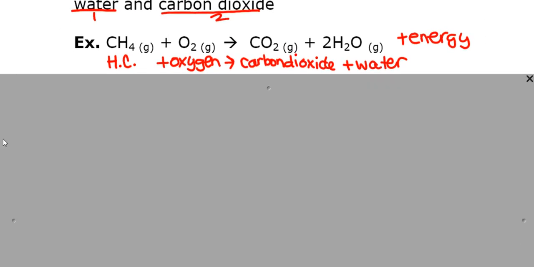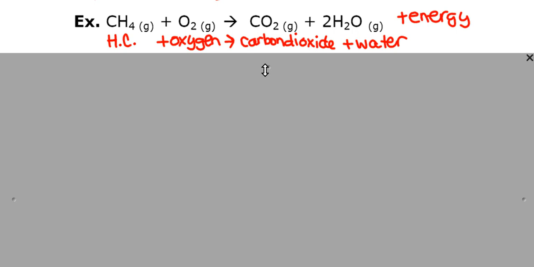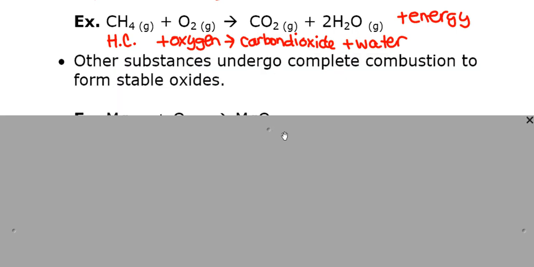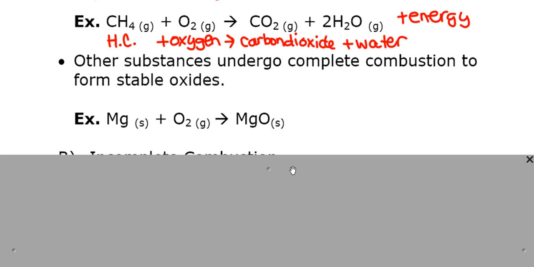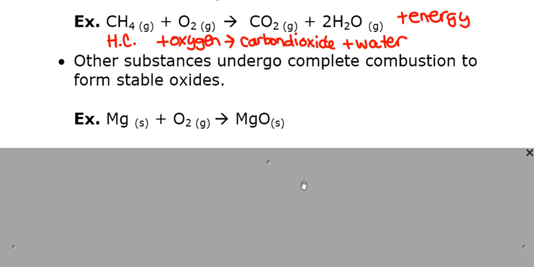There are other examples of complete combustion that don't involve hydrocarbons, and these are some things that you've probably seen in your daily lives. So other things can undergo combustion to form what we call stable oxides. So things like metals plus oxygen, those will give you metal oxides.